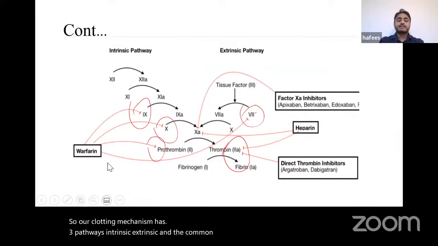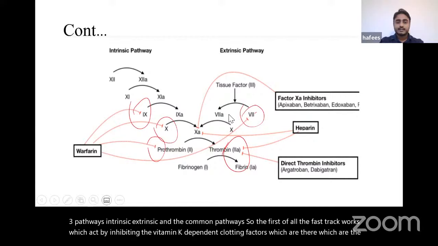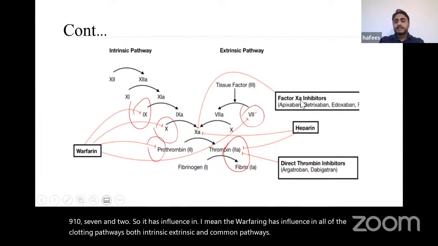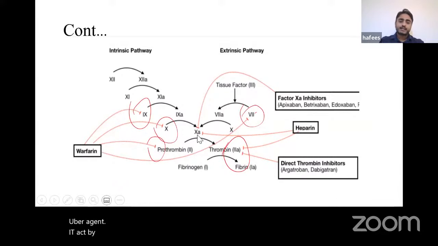First of all, the first drug, warfarin, acts by inhibiting the vitamin K dependent clotting factors, which are 9, 10, 7, and 2. So warfarin has influence in all of the clotting pathways: intrinsic, extrinsic, and common. The factor 10 inhibitors, apixaban, edoxaban, rivaroxaban, and betrixaban, which is a newer agent, act by inhibiting factor 10A.